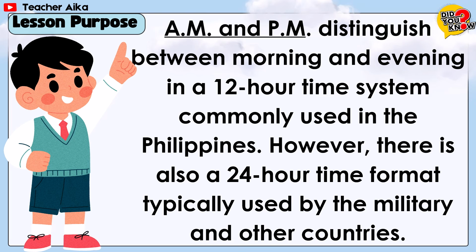AM and PM distinguish between morning and evening in a 12-hour time system, commonly used in the Philippines. However, there is also a 24-hour time format typically used by the military and other countries.